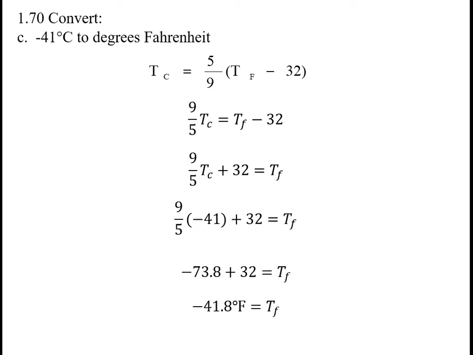The interesting thing is that the degrees Celsius and degrees Fahrenheit do cross at one point. And we're very close to that point, that minus 40 degrees Celsius is equal to minus 40 degrees Fahrenheit. That's the only point that the two temperature scales match up.